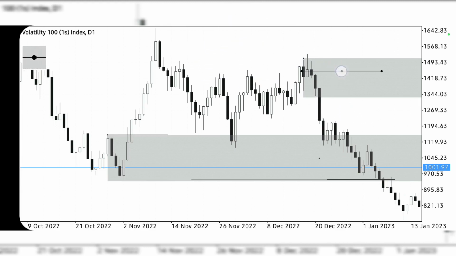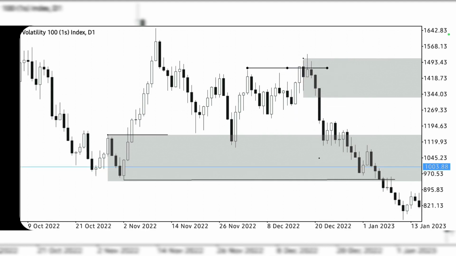Now you can see, guys, we have a shift of market structure here. There was no structure around this area, so we had a shift of structure. So here is where we are going to be marking out our first break of structure that made us know the market is about to turn bearish.